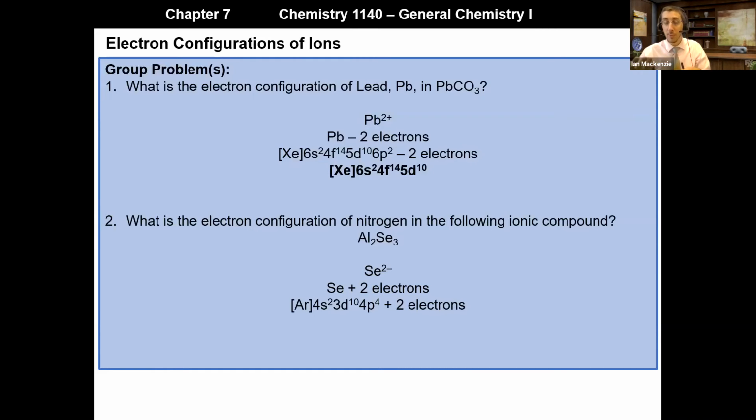I have to add 2 electrons to it. Those just go into the end orbital there. And I get argon 4s2, 3d10, 4p6, which is the same configuration as krypton. So that's how I can write electron configurations for ions in addition to just the electron configurations for neutral atoms.